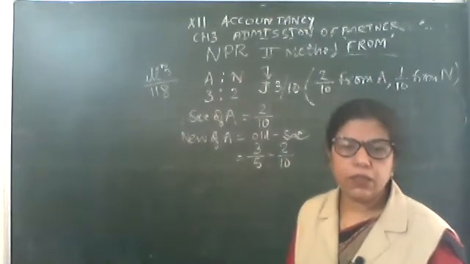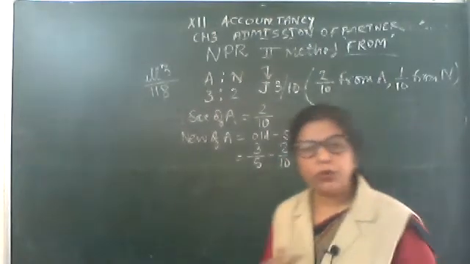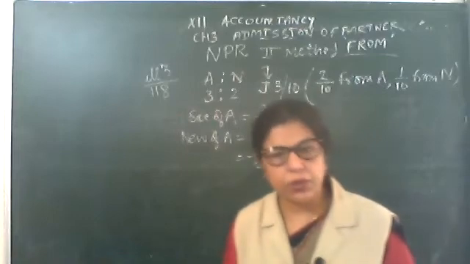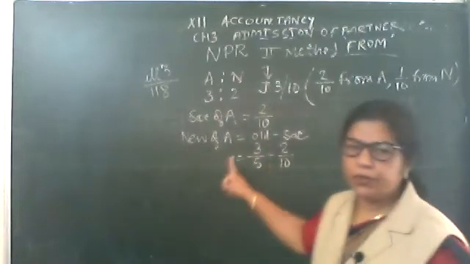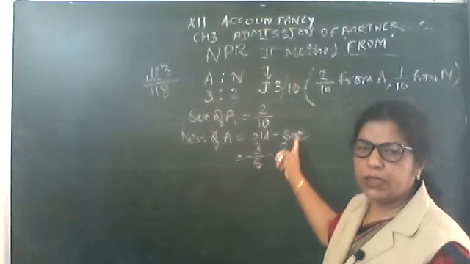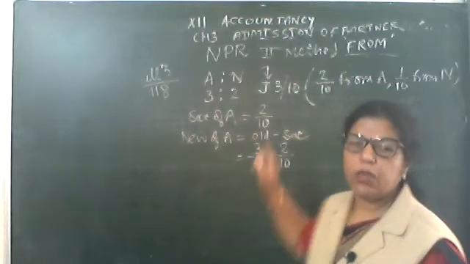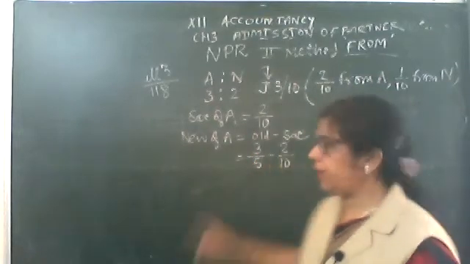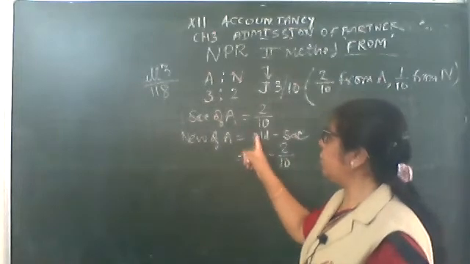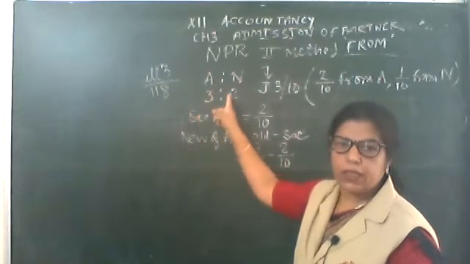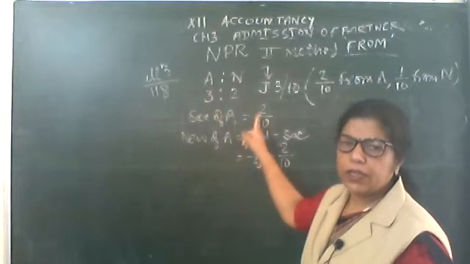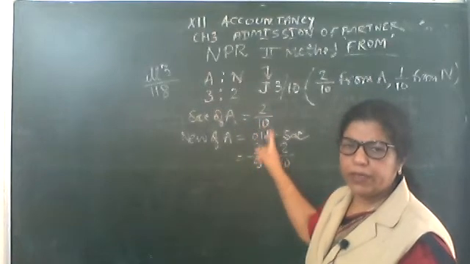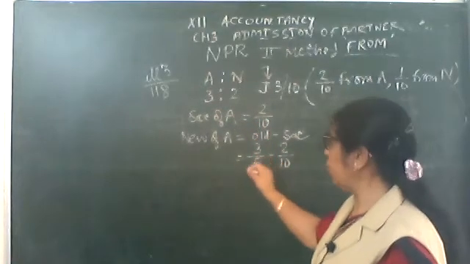Got it? Again, I am explaining how to calculate the new ratio. We should calculate the new ratio by subtracting the sacrifice from the old share. See here, A's old share is 3/5 and sacrifice is 2/10. Now what to do?